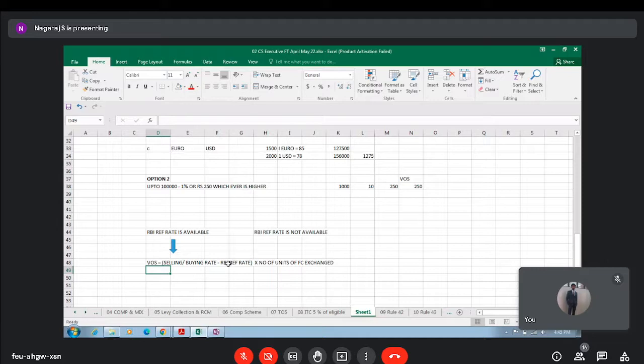RBI reference rate per dollar is 70, but you are buying or selling it at 72. That means 72 minus 70, 2 rupees multiplied by 1,000. 2 into 1,000, 2,000 rupees will be your value of supply. Understood? Yes, sir. Very easy. Value of supply is equal to buying or selling rate minus RBI reference rate multiplied by the number of units of foreign currency exchanged.